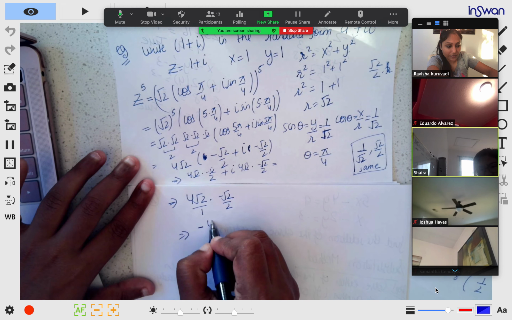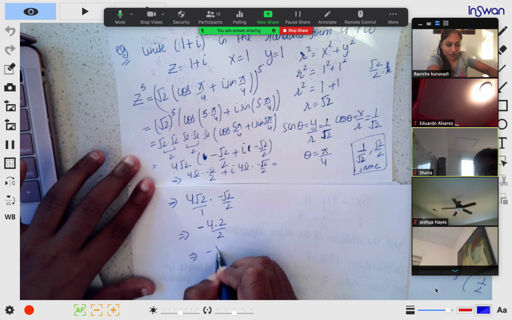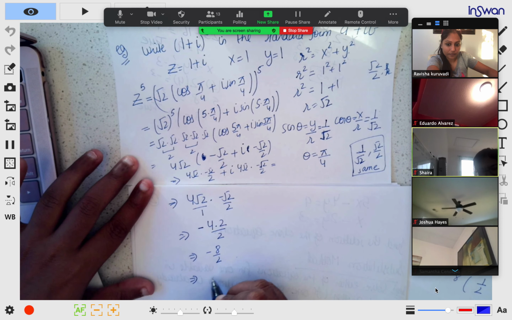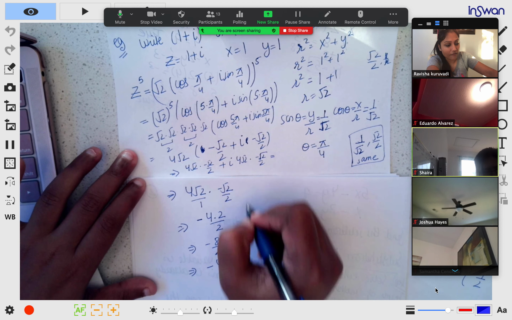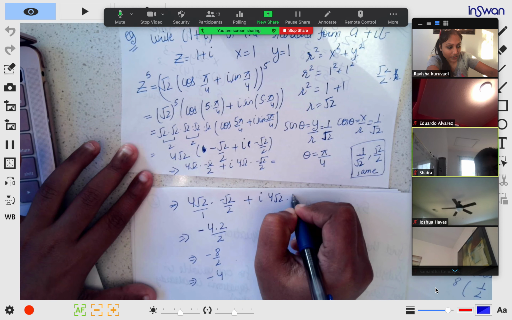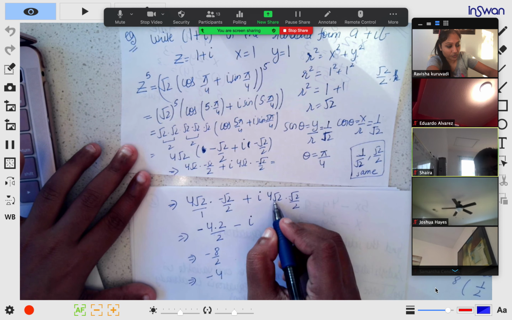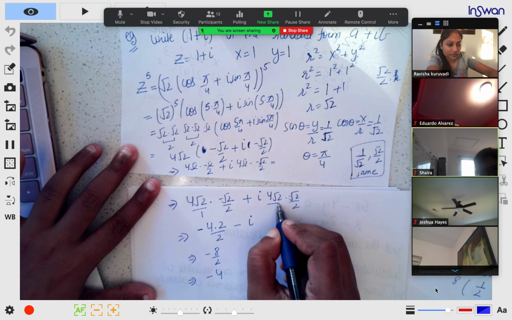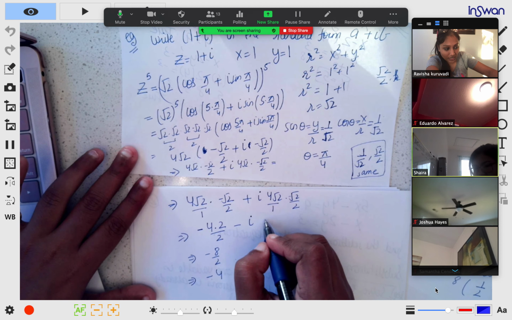So you get 4 times 2 over 2, which is negative 8 over 2, which is negative 4. Yes. Let's solve the other one: 4 root 2 times negative root 2 over 2, so it becomes negative i. What is 4 root 2 times root 2?